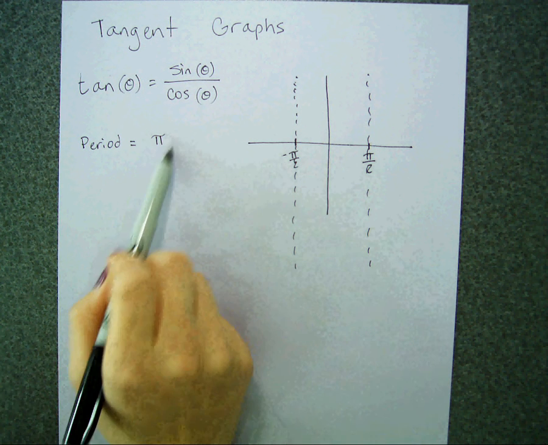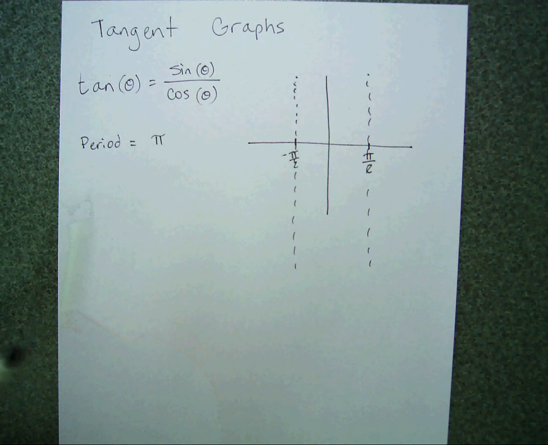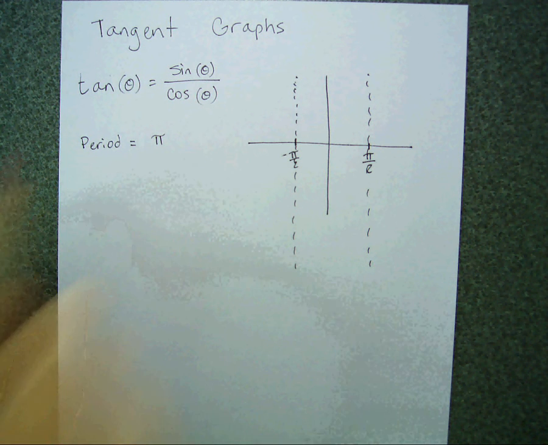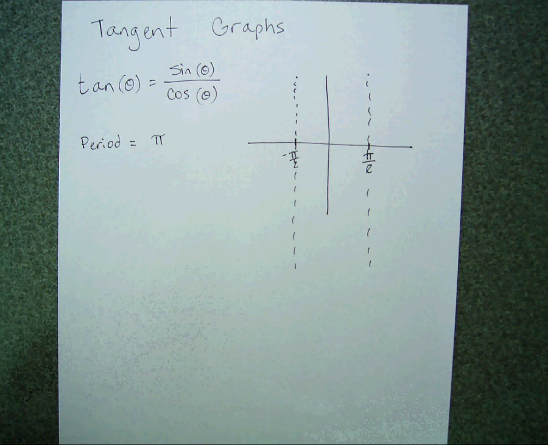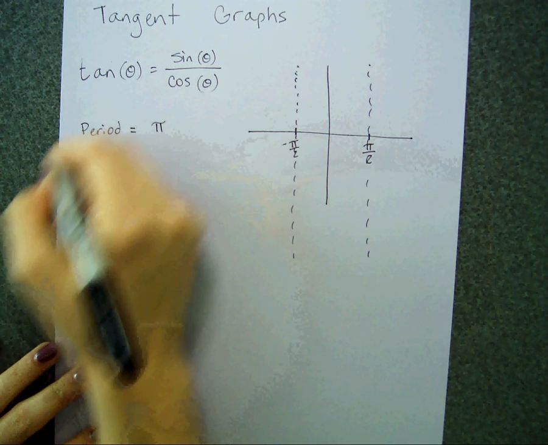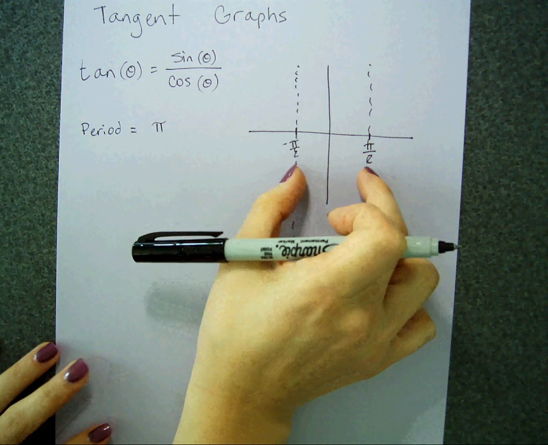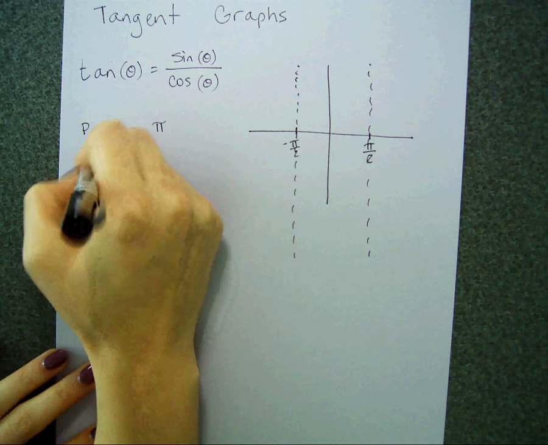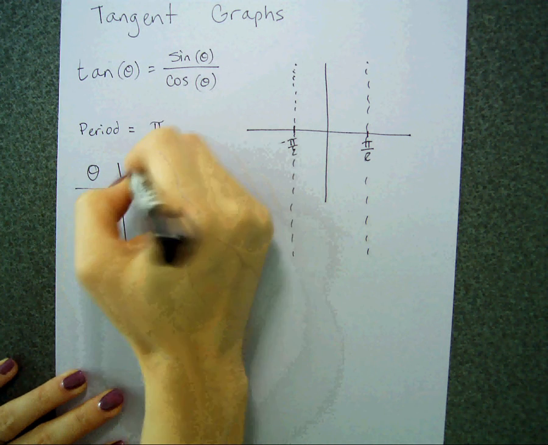Okay? All the other 4 trig functions that we've looked at, sine, cosine, secant, and cosecant, had a period of 2 pi. Tangent and cotangent, in a second, are different. They only have a period of pi. Okay? And our interval goes from negative pi over 2 to pi over 2. All right? So let's get some theta values going, and tangent of theta.